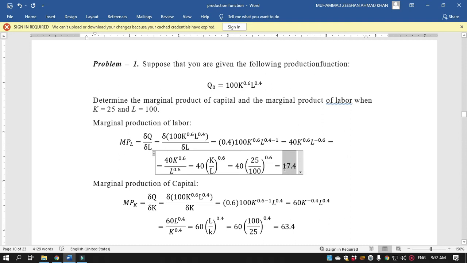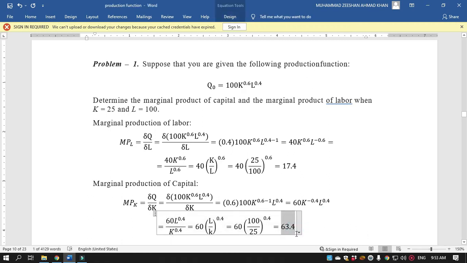But where labor is very cheap compared to capital, because 63.4 output is much higher than 17.4, but the price of capital is so high that this rise of output can be faded out by adding an additional unit of capital, he must not employ the capital, but he should employ the labor instead. So these kinds of decisions are up to the managerial psyche and attitude. How does this information help the managers?